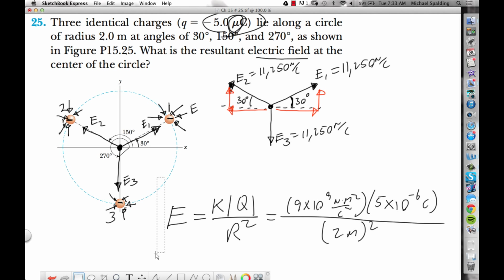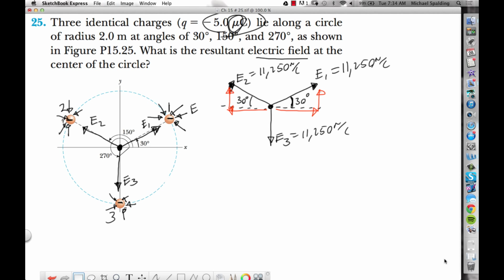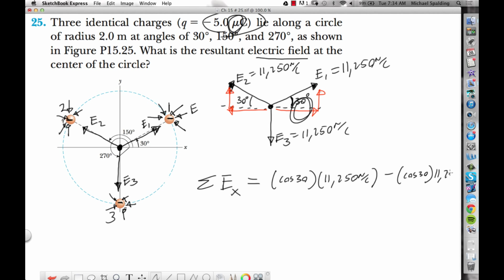But like I said, when you look at this, everything's going to cancel. So what you do is you sum the electric fields in X. You would go cosine 30 times 11,250, like this guy right here, minus cosine 30 times 11,250, that's this guy here. What's the total X electric field? 0, because they cancel.